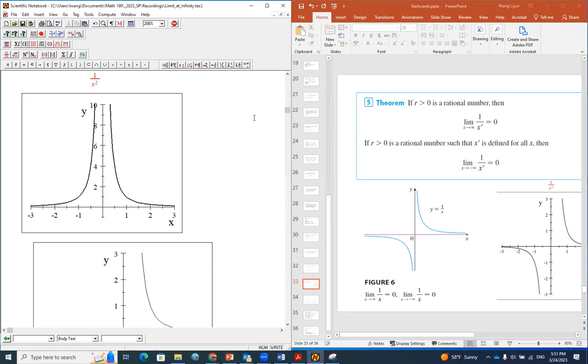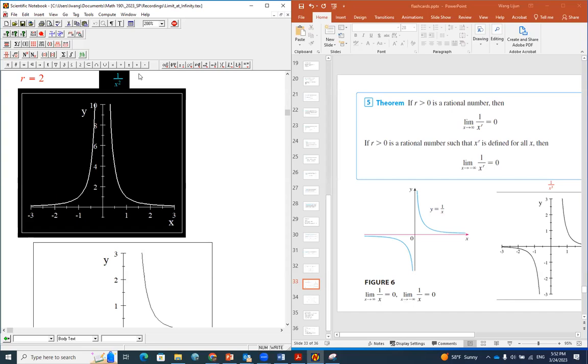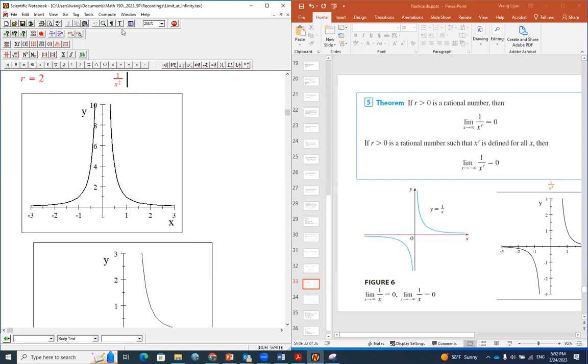Or 1 over x squared, right? These are the examples of the theorem. When r equals 2, then we have 1 over x to the power 2. And what do we say about the limit?